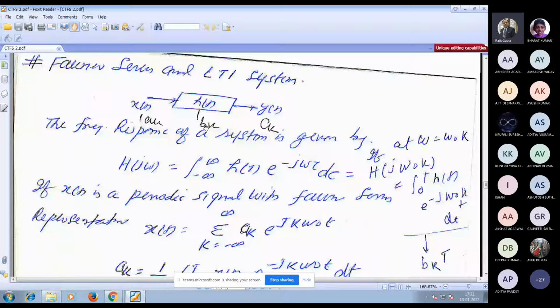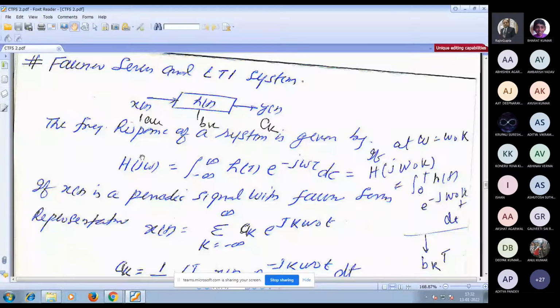Let's say we have an LTI system with input x of t, output y of t, and impulse response h of t. These three signals have Fourier series coefficients a k, b k, and c k, right?